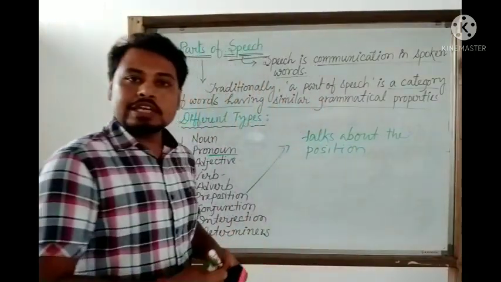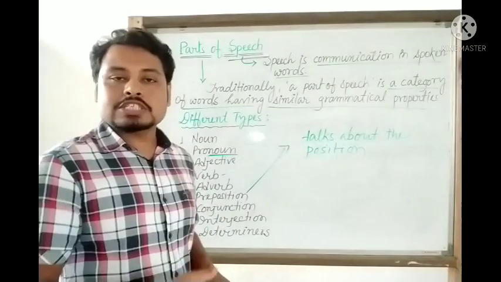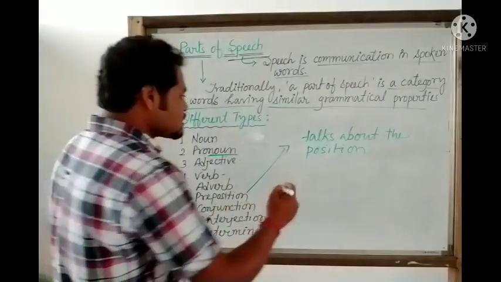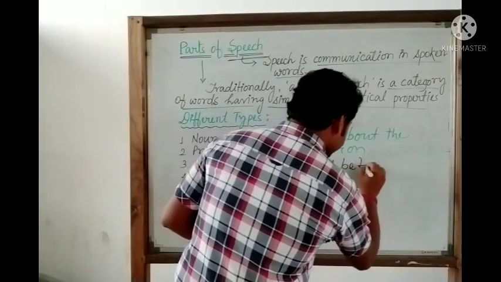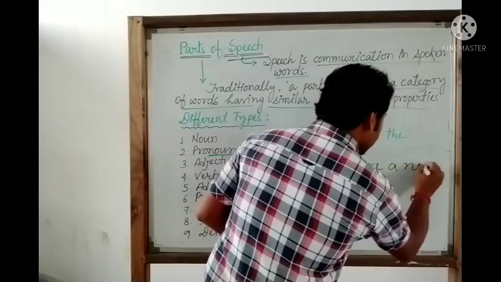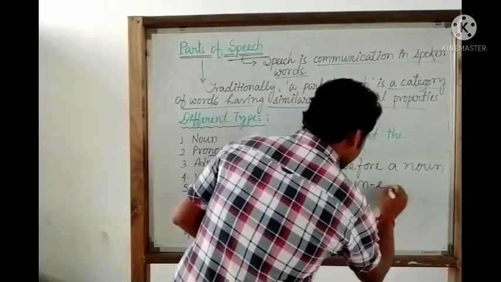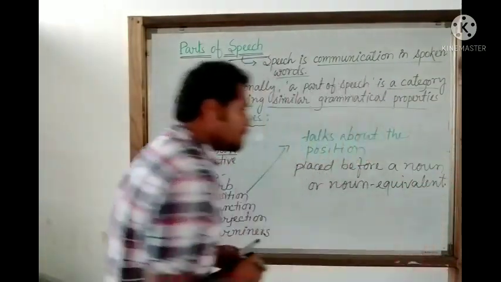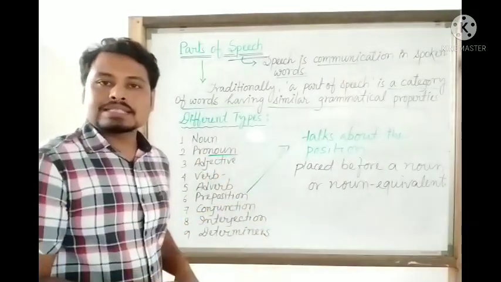And one more thing you must remember, that prepositions are generally placed before a noun or a noun equivalent. That means those words which have similar properties as a noun.